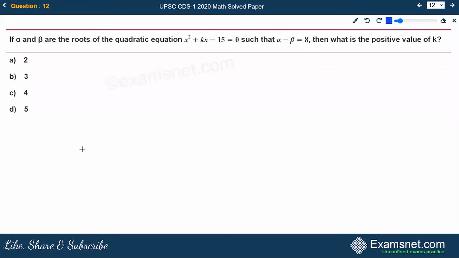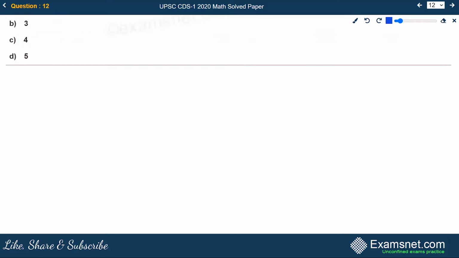In question number 12, we are given: if alpha and beta are the roots of the quadratic equation x squared plus kx minus 15 equals to 0, such that alpha minus beta equals to 8, then what is the positive value of k? First, let me discuss the concept that we are going to use here.